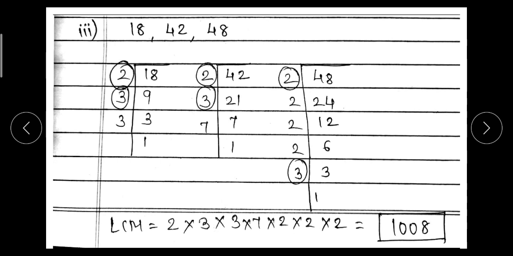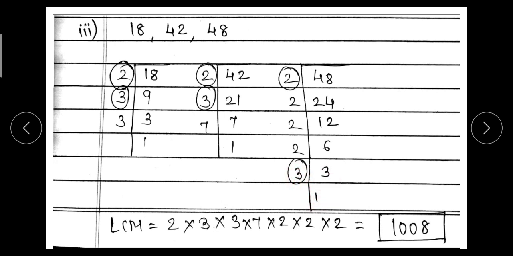Okay. Factors of 48. 2 24s are 48. 2 12s are 24. 2 6s are 12. 2 3s are 6. 3 1s are 3.